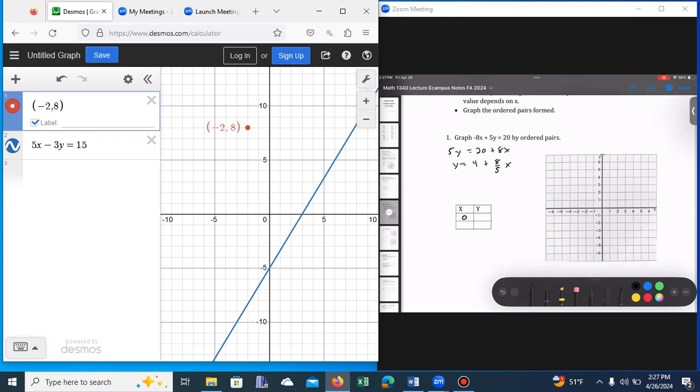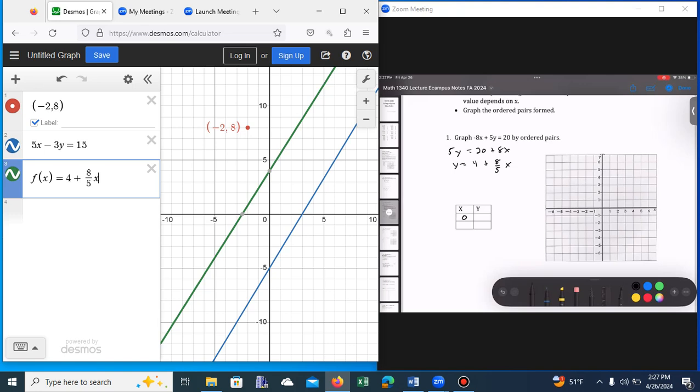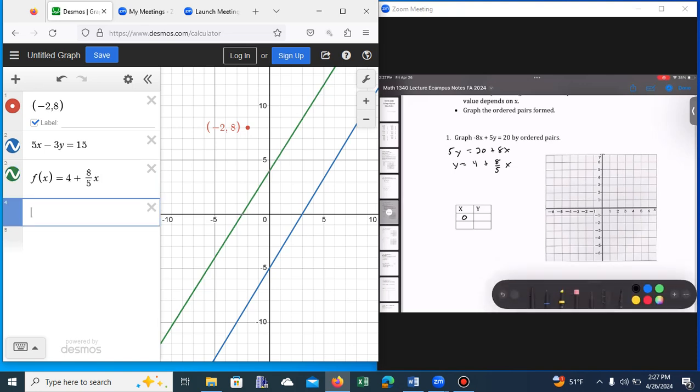Actually, I'm going to do it on Desmos. It'll be a lot easier that way. So one way you can do this in Desmos. Now, we haven't gotten to function notation, but you have to use it on Desmos. Do this: 4 plus 8 divided by 5 x.